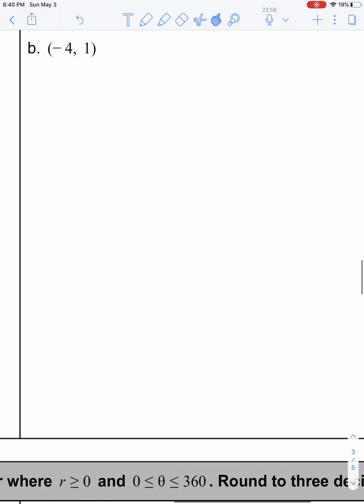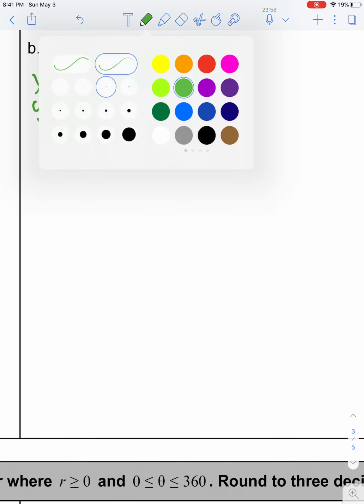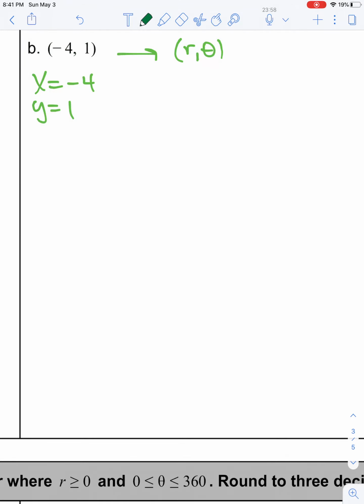All right, so in B, we are told that x equals -4 and y equals 1. And our goal is to go ahead and get this to some r comma theta, right, utilizing those equations we were given. So our first equation tells us that r is equal to the square root of x, which notice is negative.